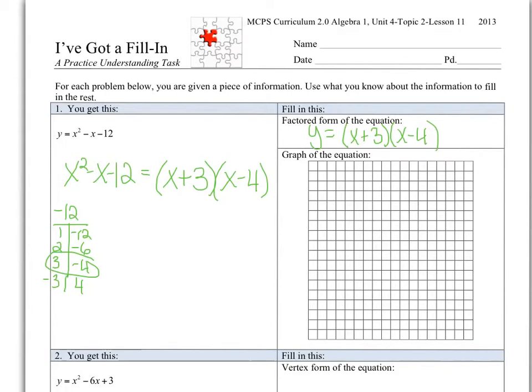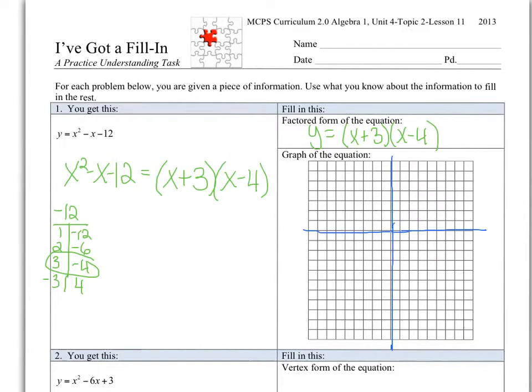The nice thing about factored form is that there are certain points that we can easily graph. I apologize that these are not straight lines, but it's very difficult on an iPad to make these. So work with me here. Make this a little bit better. There we go.